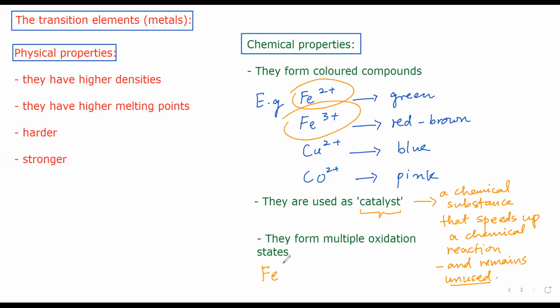We also have the example of copper, copper 1 and copper 2. These are the oxidation states, the valencies, that they show. So this is about transition elements.